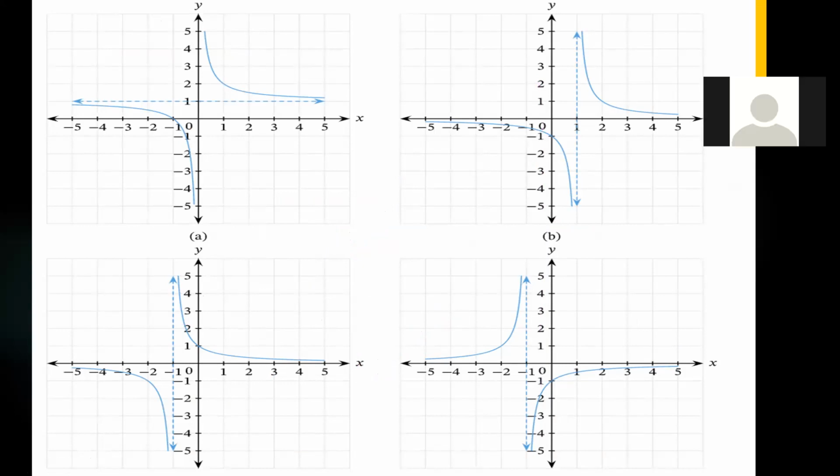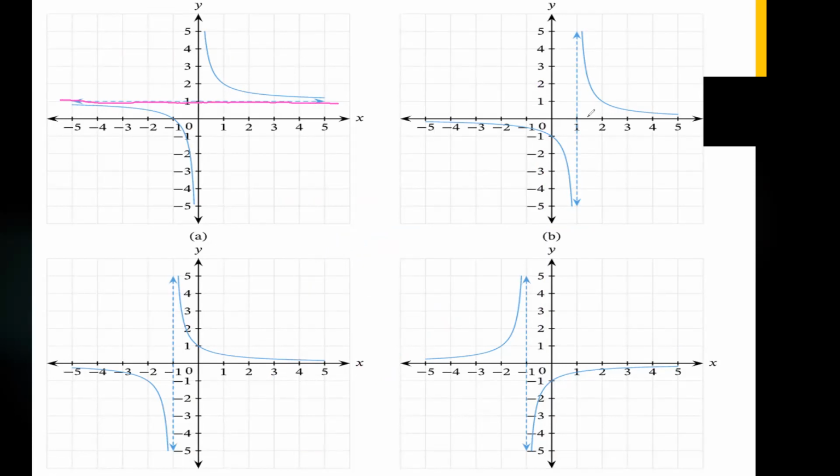Okay, let's have these examples here. Look at A. As you see, where is the horizontal asymptote? At y equals 1. So the horizontal asymptote is at y equals 1.